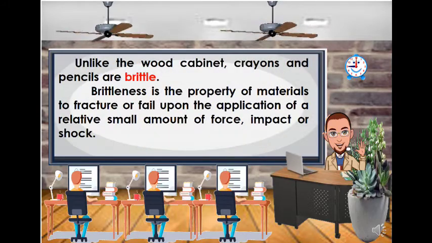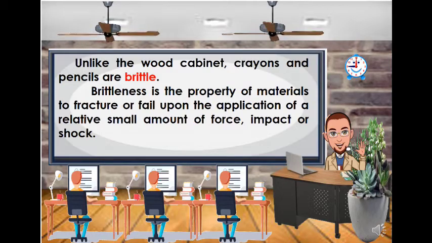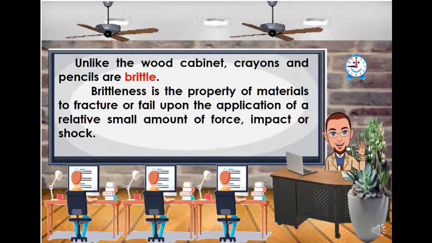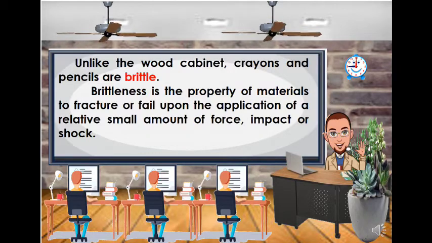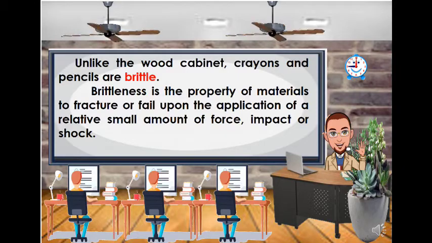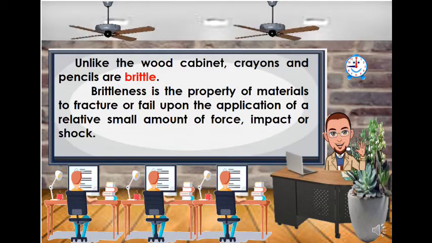Unlike the wood cabinet, crayons and pencils are brittle. Ano naman ang brittle? Brittleness is the property of materials to fracture or fail upon the application of a relatively small amount of force, impact, or shock.